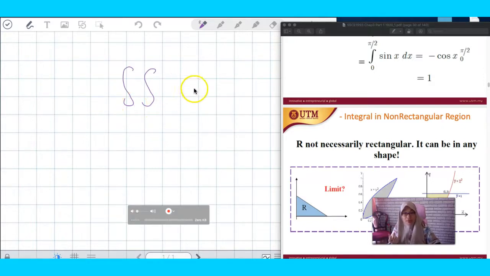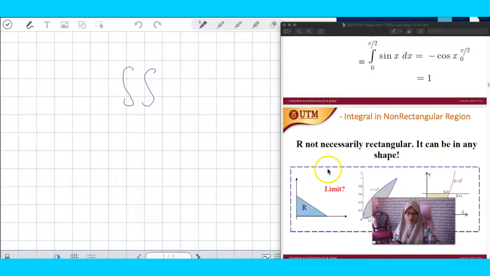It depends on the integrand and the order of integration that we have. As long as you can see that the lower bound or the upper bound is a function or expression, we know that the region is no longer a rectangular region.